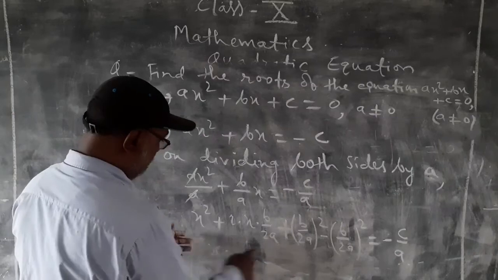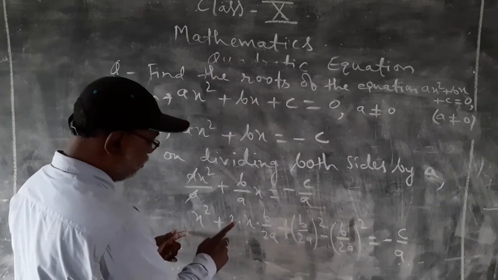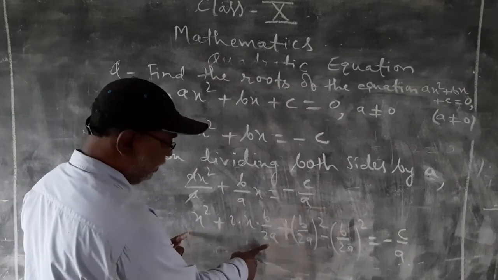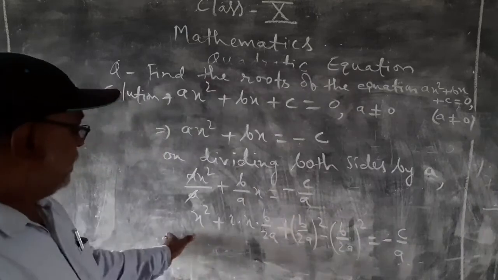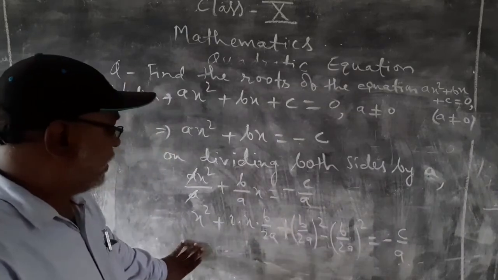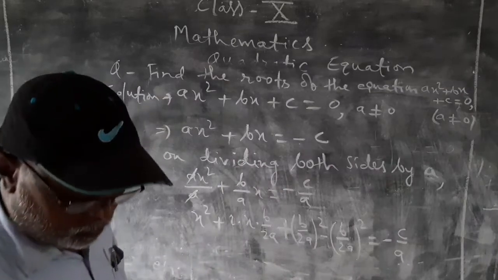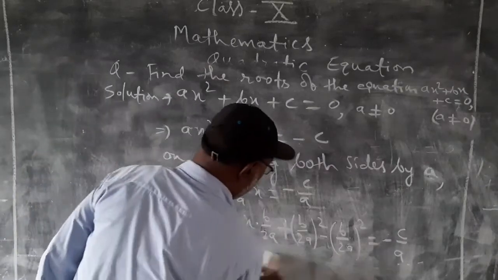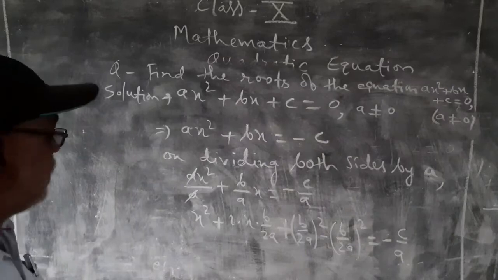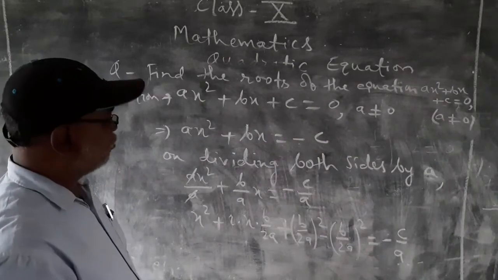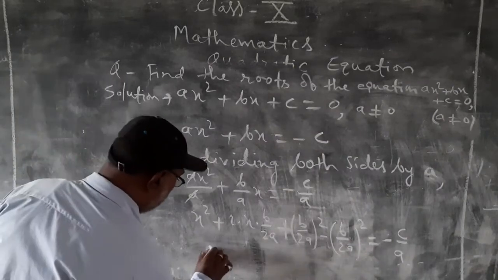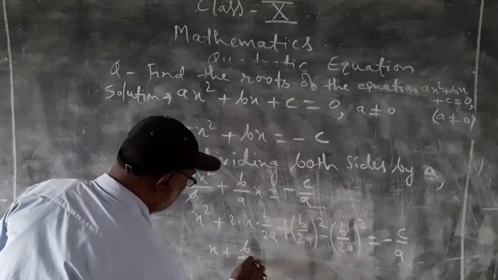Based on this formula, it is x plus b by 2a whole square.